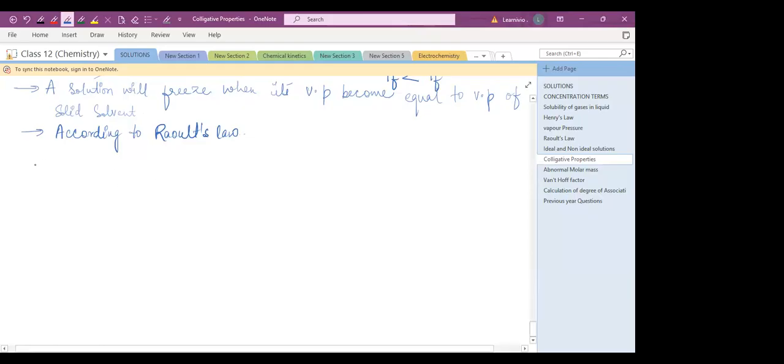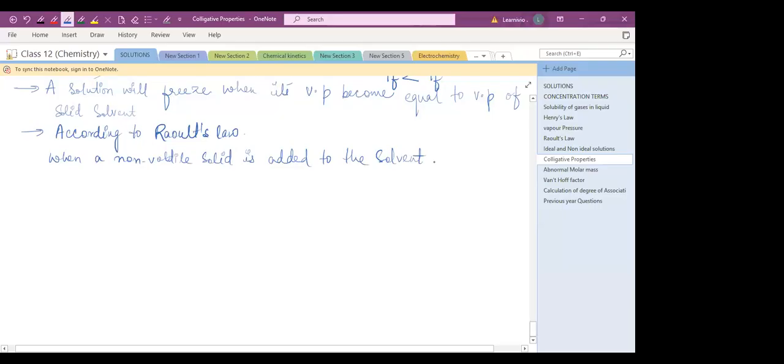Because according to Raoult's law, what we know, you can look into the picture, when a non-volatile solid, or you can write solute, is added to the solvent, what will happen?